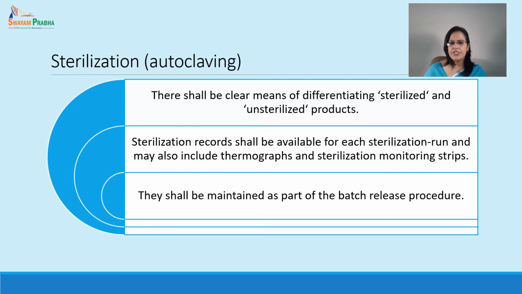So each basket, tray or other carrier of products or components shall be clearly labeled with the name of the material, its batch number and sterilization status. Okay, so now a sterilization record shall be available for each sterilization run and may also include the thermograph and sterilization monitoring strips.